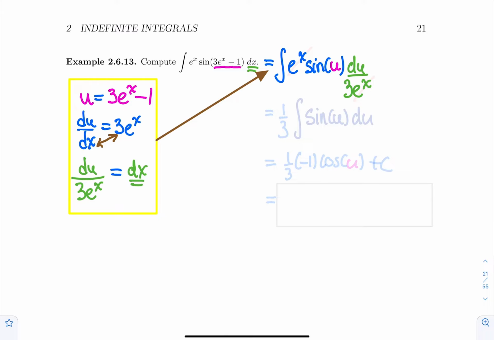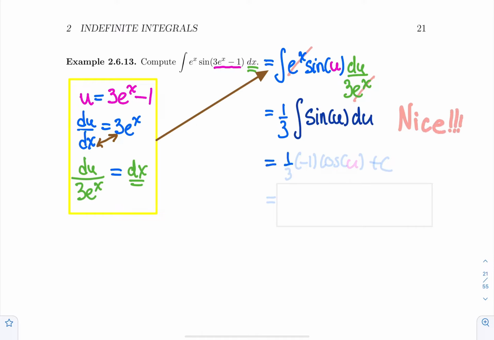And now this is the part where you hope your substitution is done well. It will be a good substitution if everything simplifies algebraically. So you see the e to the x cancels the e to the x here. So you're left with 1/3 the integral of sine of u du. And the integral of sine of u du with respect to u is a basic integral. One integral of sine is minus cos.